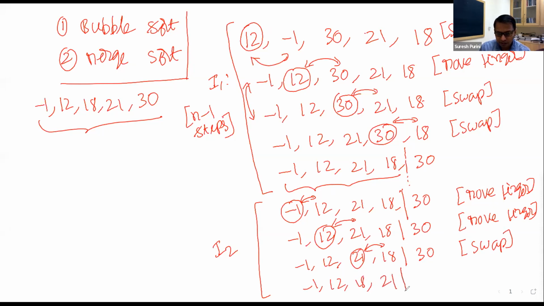And then we stop here. So now we know for sure 21 is the largest element in this prefix list.